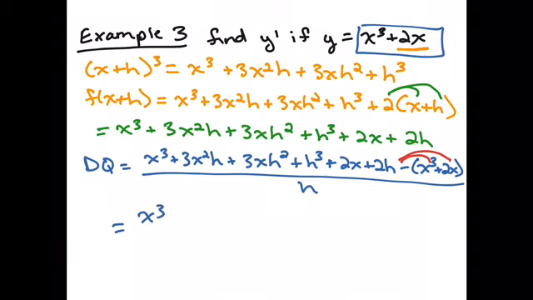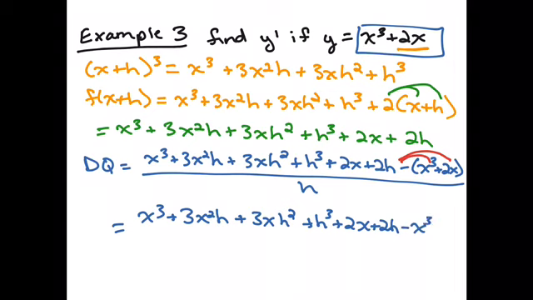And I get x cubed plus 3x squared h plus 3x h squared plus h cubed plus 2x plus 2h minus x cubed minus 2x all over h.